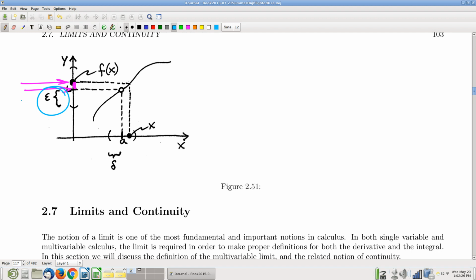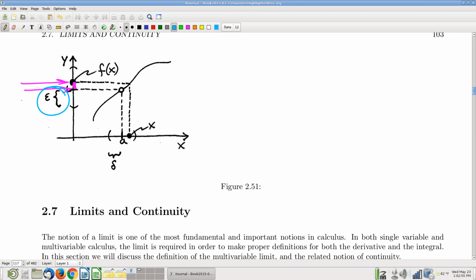So arbitrarily close could be phrased as: no matter how small epsilon gets, then under some circumstances I need to ensure that this distance is less than that threshold or that requirement. Or said differently, I need for that distance to be smaller than this radius, you might call it. Or said differently, I need the absolute value of f of x minus L to be less than epsilon.